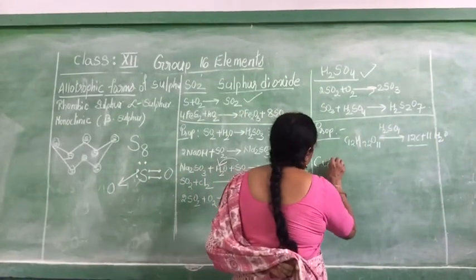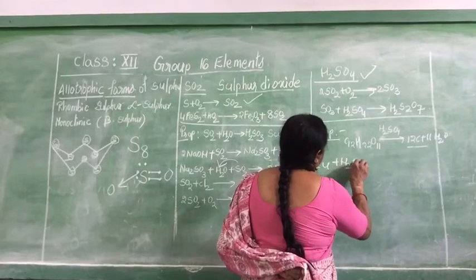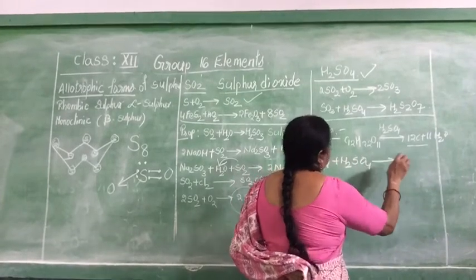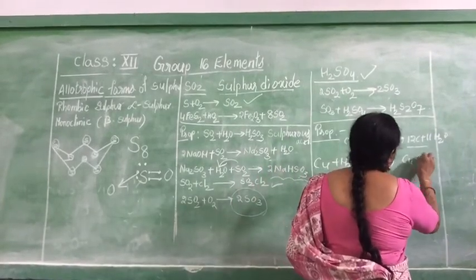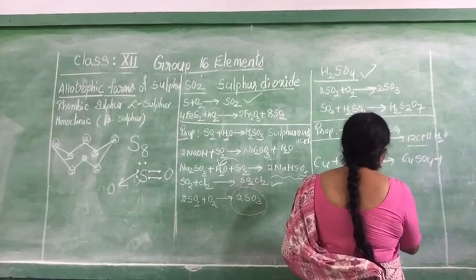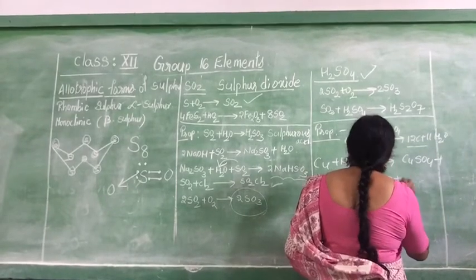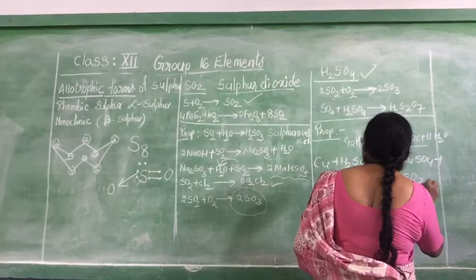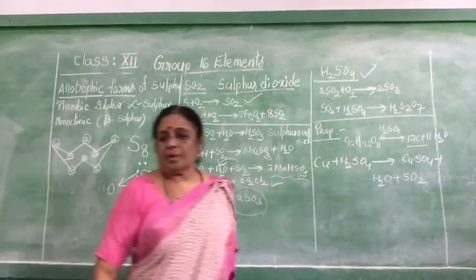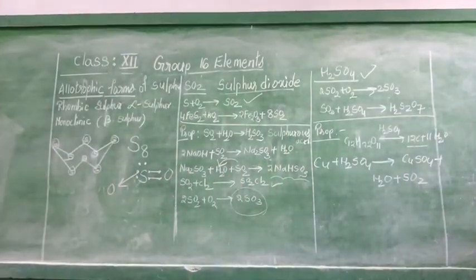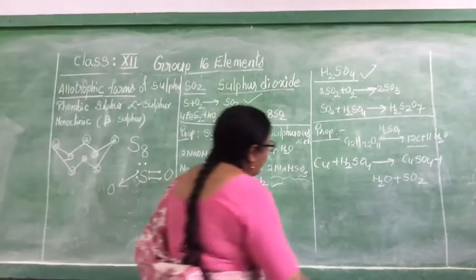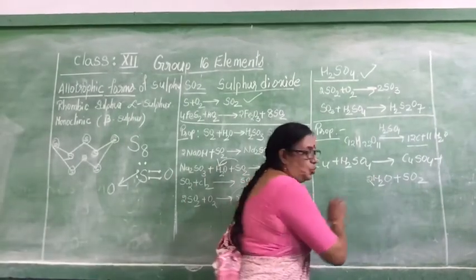Clear, children? Copper reacts with sulfuric acid to form copper sulfate, SO2 plus 2 moles of H2O.